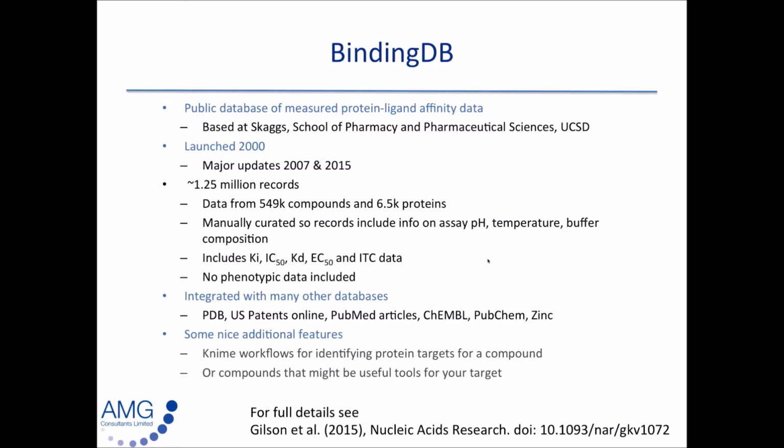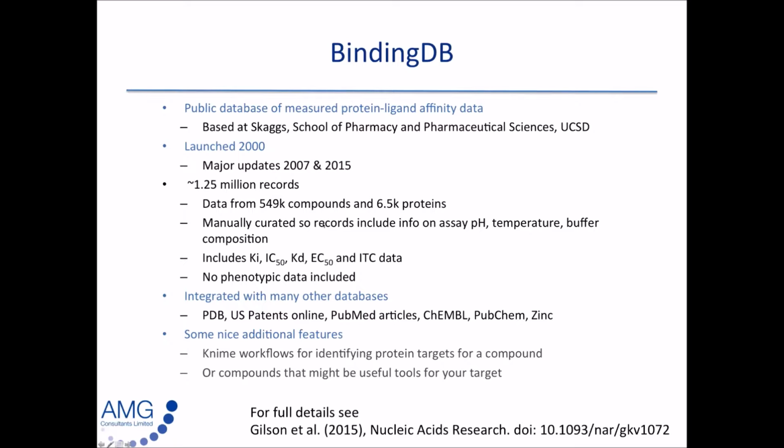Which brings me on to BindingDB, which does have some nice additional features in addition to the data records for each of the compounds. It was launched in 2000, and there were major updates in 2007 and most recently in 2015. The 2015 update was a very large update, and there didn't seem to be an awful lot that actually went on in the intervening years from 2007.